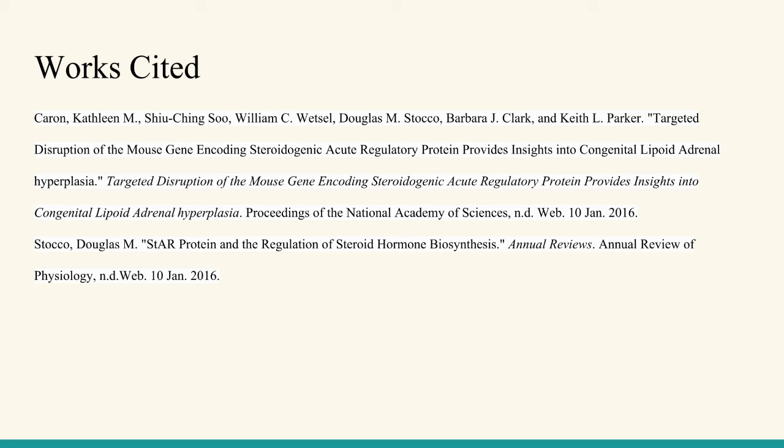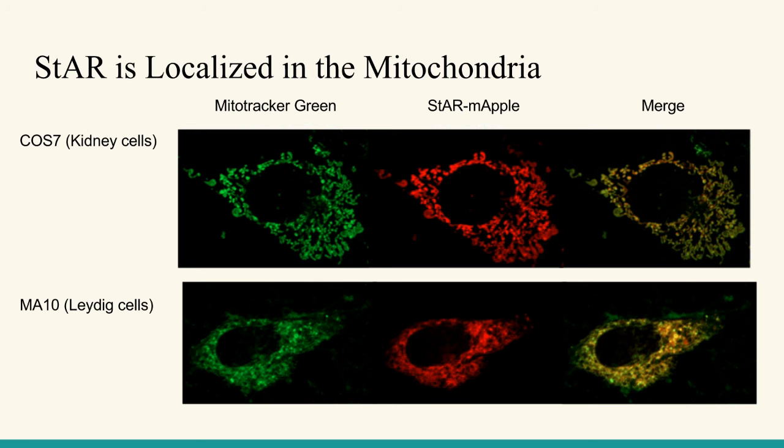Questions? Remember, I'm keeping track. Can you go back to the slide with the images? I'm just confused. You said the kidney cells don't naturally express STAR, so how are they expressed? You just insert STAR into the kidney cells.